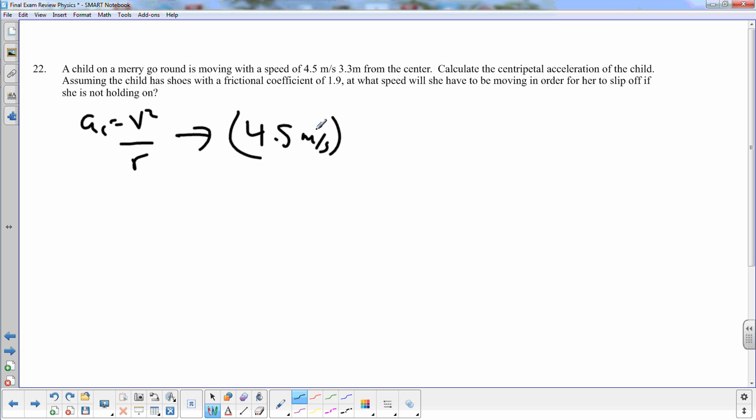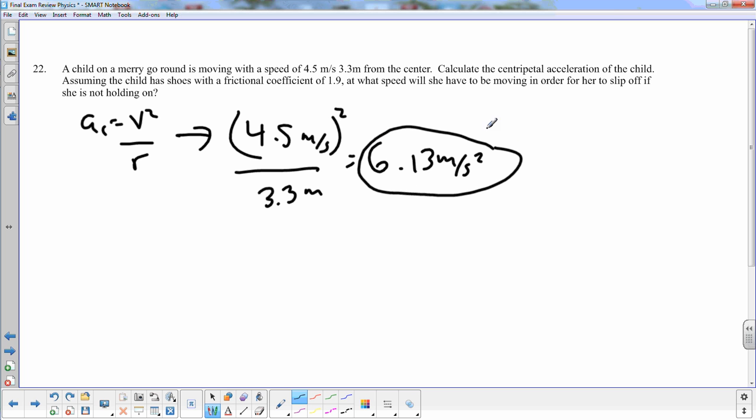Check. Assuming the child has shoes with friction at 1.9, with what speed will she have to move in order to slip off? So now we're going to say friction is giving us the centripetal force. So let's stick in algebraic terms here. Mu Fn is giving us mv squared over r.